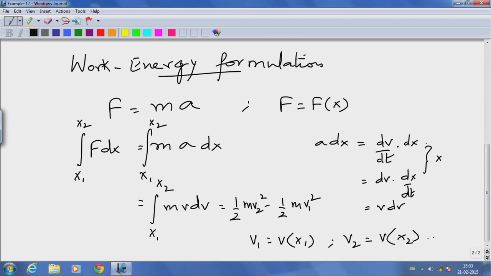So, the right hand side of this equation is simply the actual change in the kinetic energy: half m v2 squared is KE2 minus KE1. The left hand side, on the other hand, is the integral of a spatially varying force with respect to x from some initial location x1 to x2, and this is what we are used to understanding as the work done on the body.